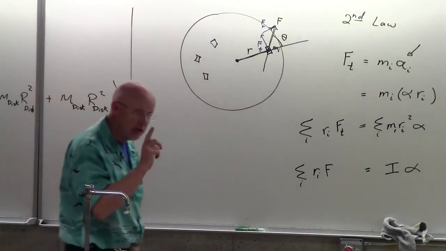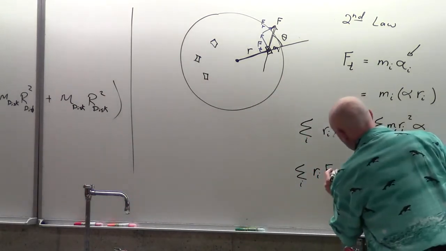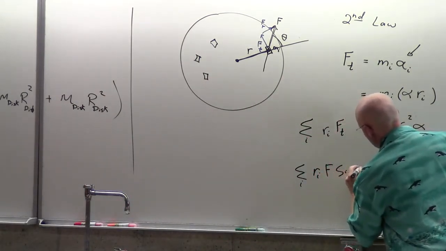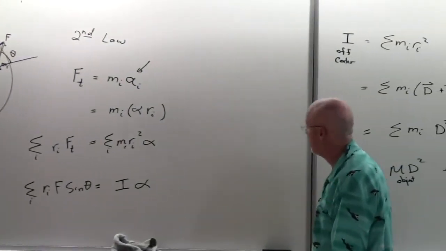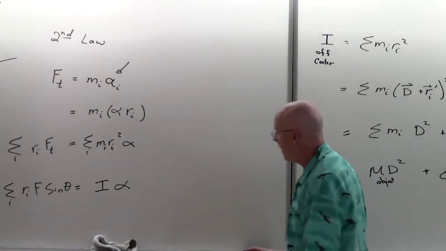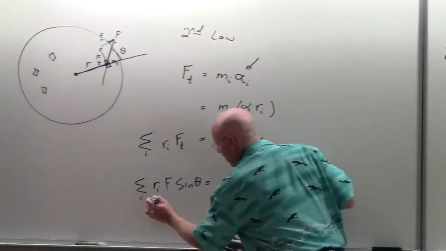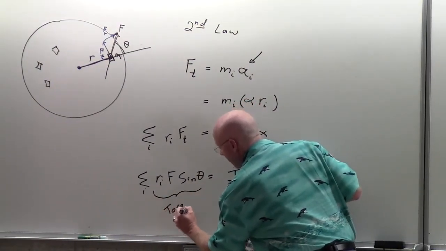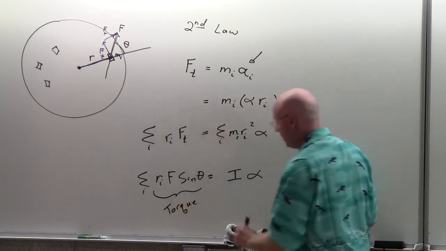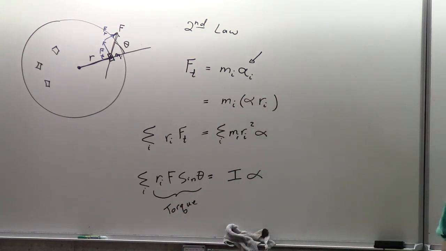So the tangential piece would be sine theta. This is a long way of getting to a new word here. And though I say new word, I know you saw it in Physics 102. We're going to call this the torque on the object.